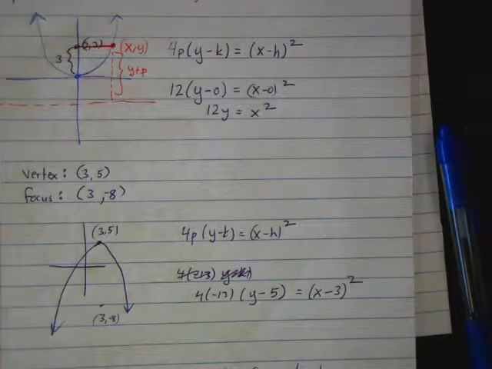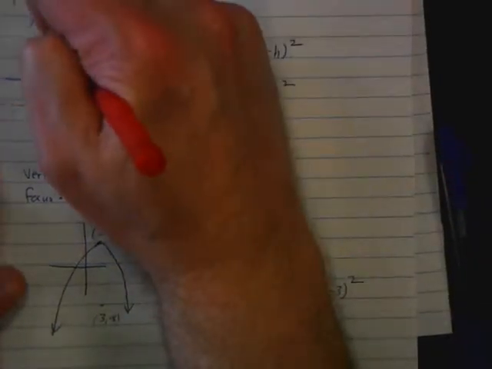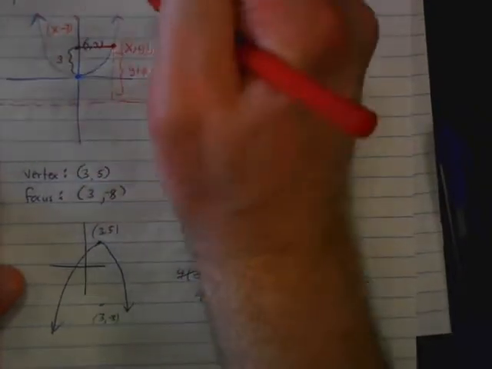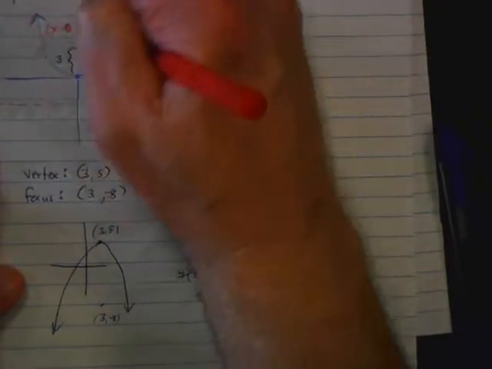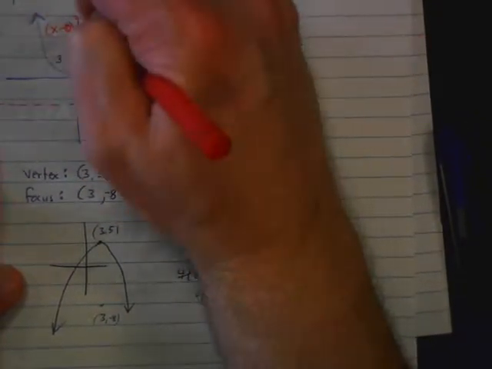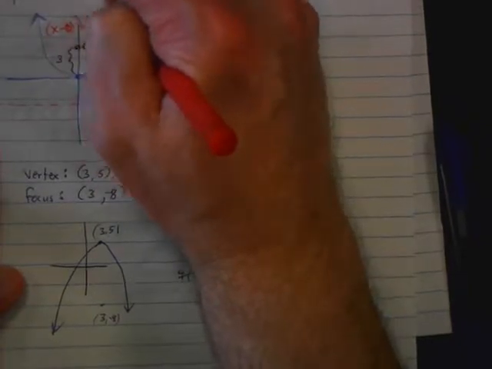How do you find the distance between 2 points? You use the distance formula. So that's going to be x minus 0 squared plus y minus 3 squared, square root.